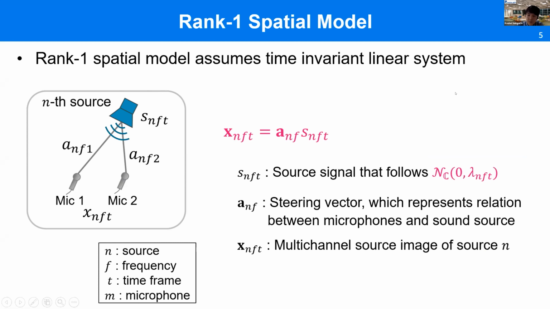When we assume S_NFT follows a complex Gaussian distribution like this, X_NFT follows a multivariate complex Gaussian distribution. Here, A_NF times the Hermitian transpose of A_NF is called a rank 1 spatial matrix. So this is a rank 1 spatial model.